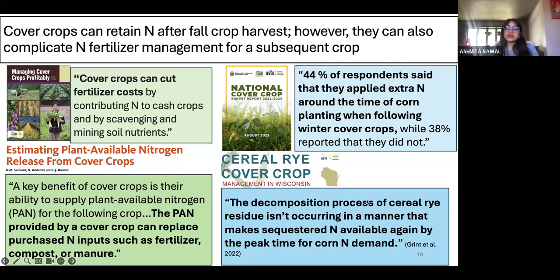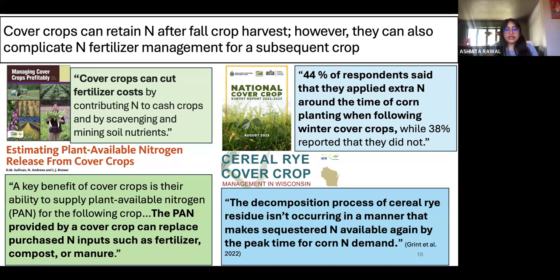And in some of the research, after cereal rye, after the grass residue, nitrogen was not really available to the corn because the sequestered nitrogen was not available at the time when corn actually needed it. So because of the uncertainty and contradictions, all of this can complicate nitrogen fertilizer management for the subsequent corn.